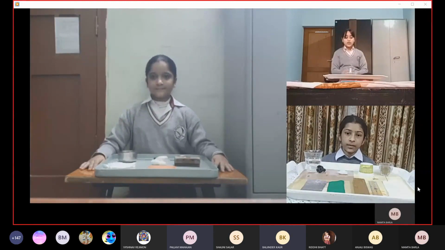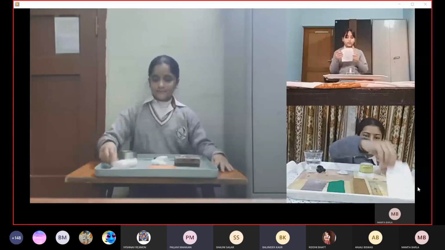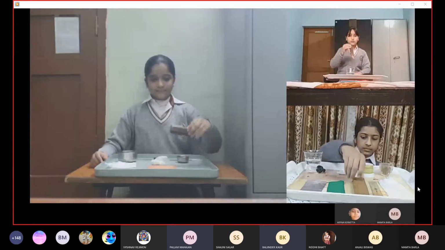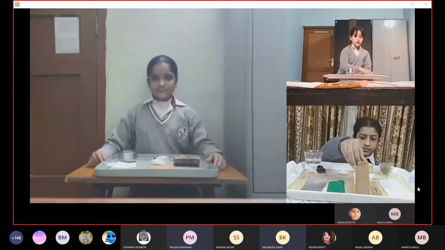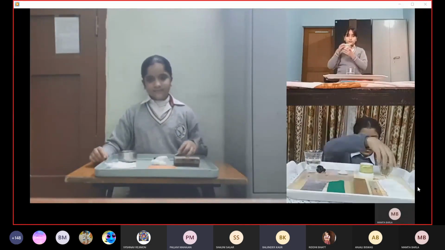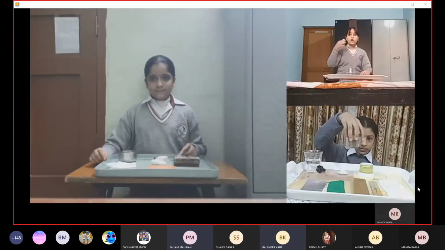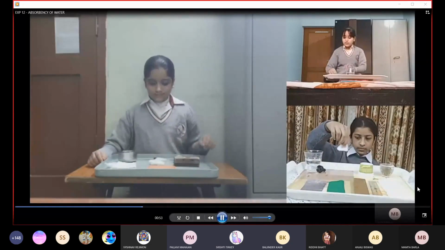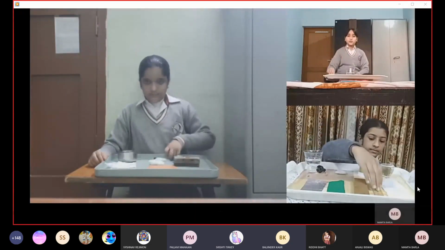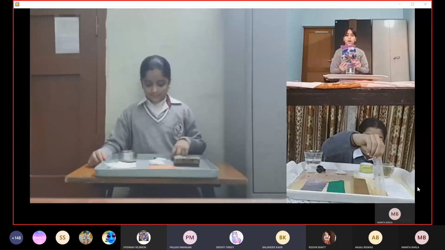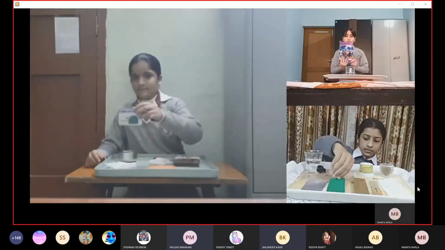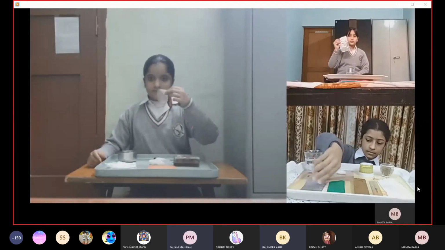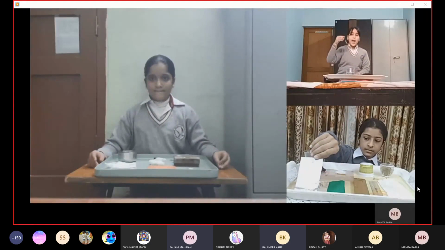For the experiment, we need tissue paper, wood, cotton, plastic scale, glossy magazine page, aluminium foil, and a dropper.